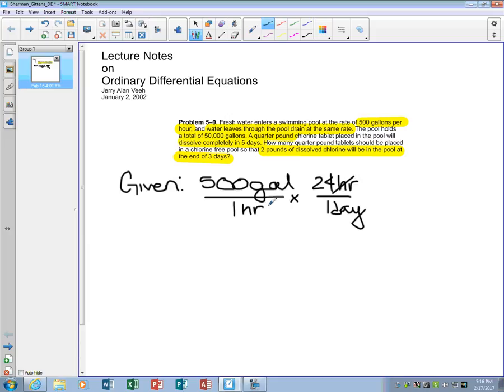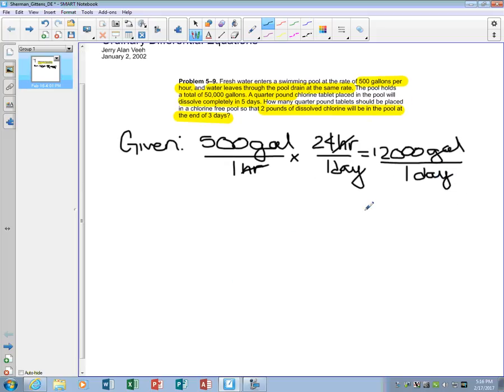So obviously hours cancel out, and that's going to give us 12,000 gallons in 1 day. That's how much is going in and out in 1 day. So that's our first given.